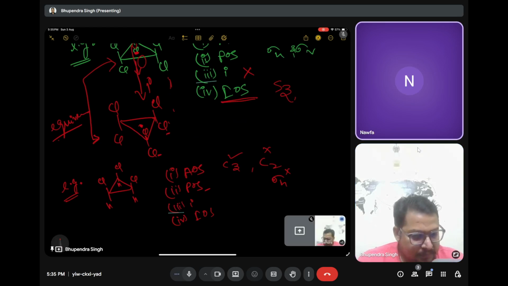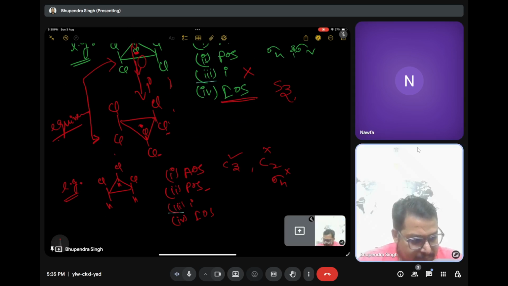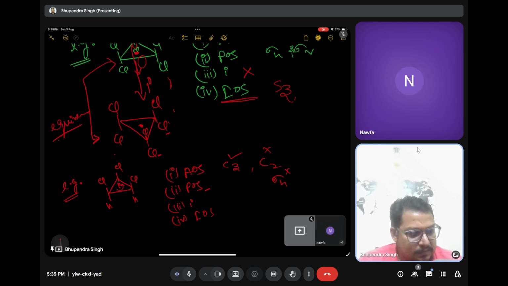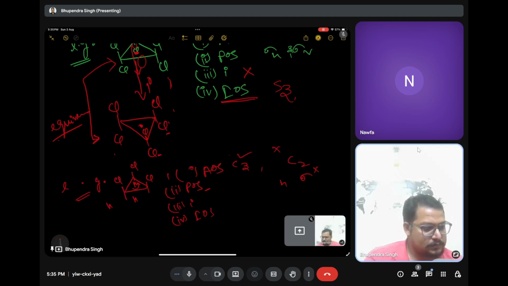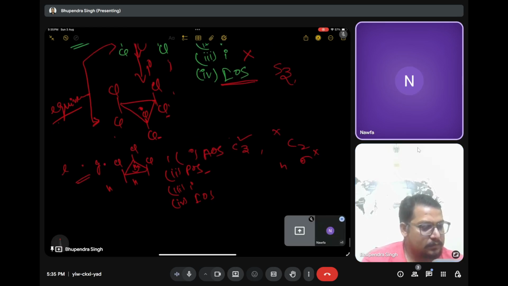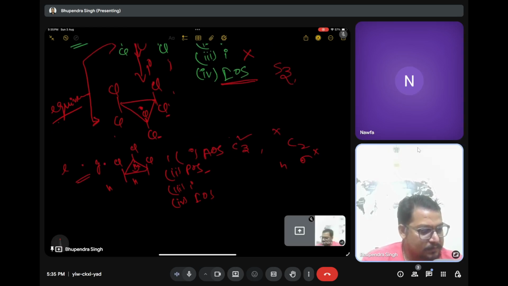Okay, anyway, see, C3 was your axis at which you are rotating your molecule, right? That is why you got this C3.